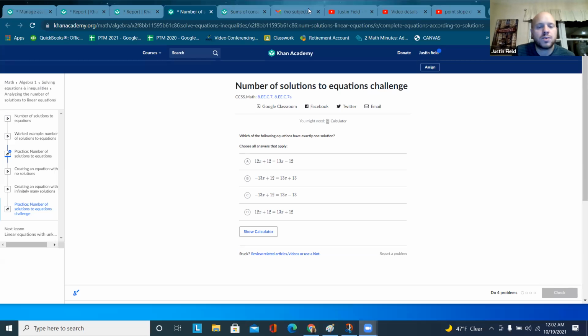So this is the number of solutions to equations challenge. Instead of solving every one and figuring out what they are, what we can do, like I was saying last week, is look at the coefficients, okay? I'm looking at only the coefficients in each problem.